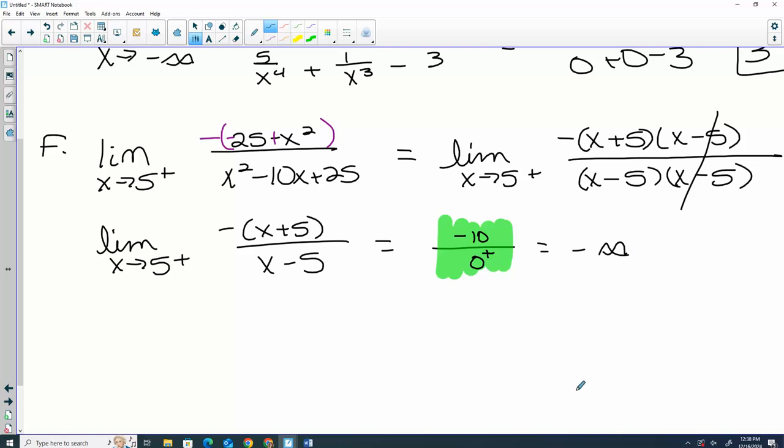Can I just have quick notes? How positive after the number? Which way am I coming from? You're approaching 5 from this direction, so the number you put in is bigger than 5. Think about a number line. You're on the right-hand side of 5 on a number line, so you're bigger than 5.